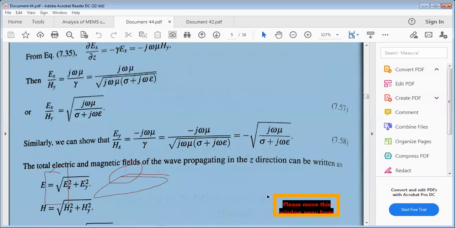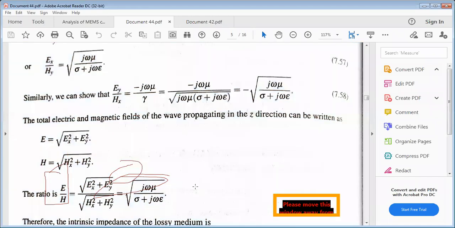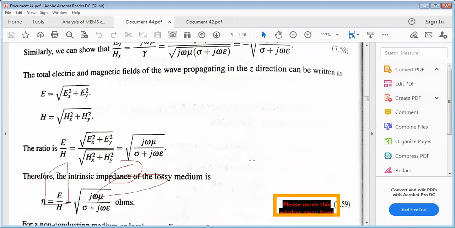So the total electric field of the wave propagating in that direction is E equal to square root of Ex square plus Ey square. Similarly, the H value is square root of Hx square plus Hy square. And the ratio is given as E by H equal to square root of Ex square plus Ey square by Hx square plus Hy square, which is equivalent to square root of j omega mu by sigma plus j omega epsilon.